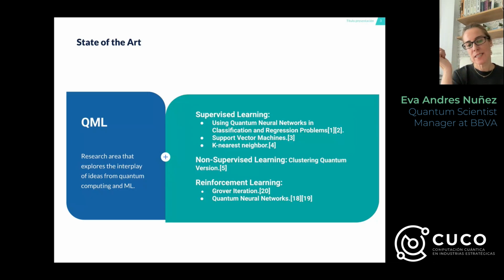And finally, reinforcement learning has received less attention than the others because it's in an early stage, but mainly we can find two approaches for the implementation of quantum agents, such as Grover iteration and the use of quantum neural networks. Any questions at this point?